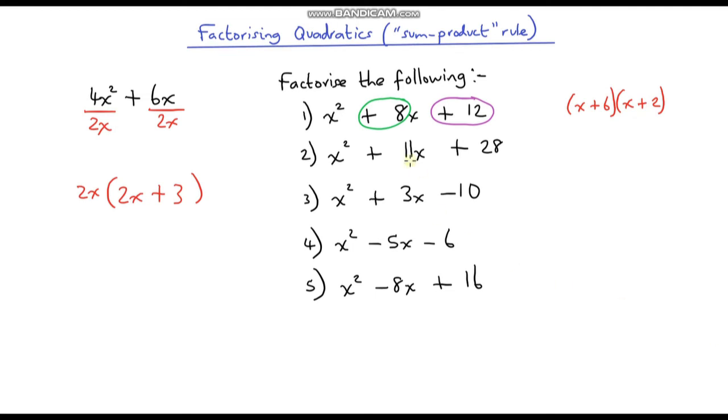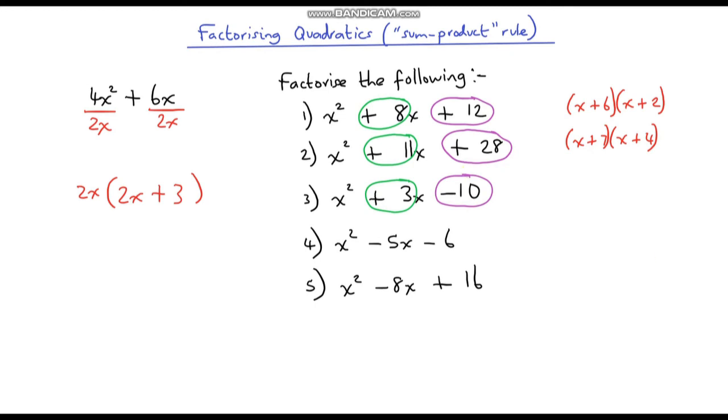Okay, the second one. So two numbers whose sum is +11 and whose product is +28. And those two numbers will be 7 and 4. So we're going to factorise this as x plus 7 multiplied by x plus 4. Okay, number 3. So this time, two numbers whose sum is +3, but this time the product is negative. It's -10.